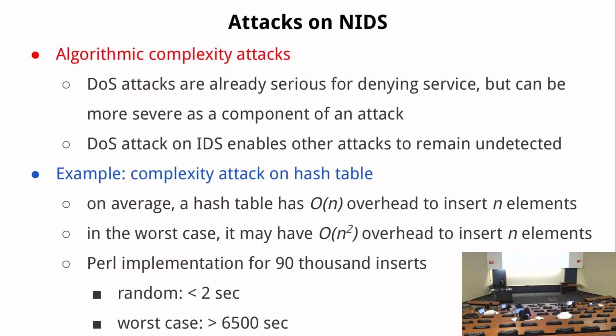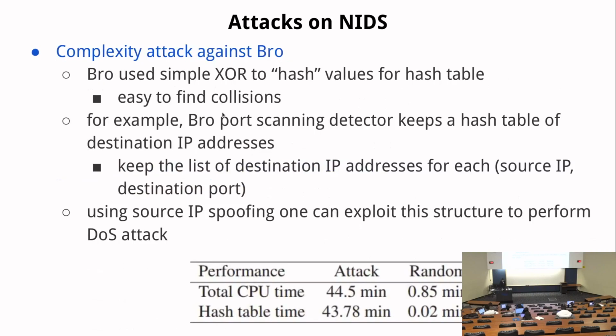Let's say some of this is a little bit obsolete. Some of this is actually about how to attack the old intrusion detection systems, for example, Bro. So Bro has its own hash table implementation and uses very simple exclusive OR to do that implementation, and it's very easy to find the collisions.